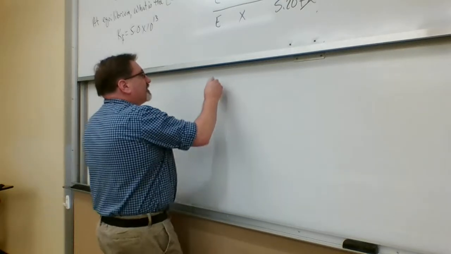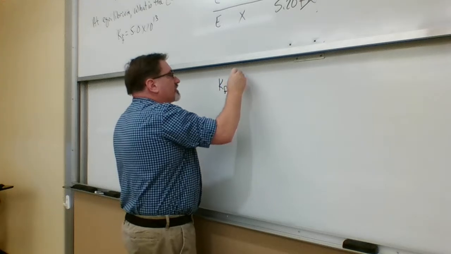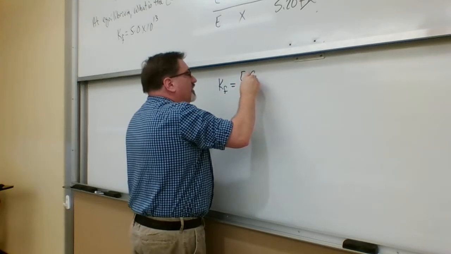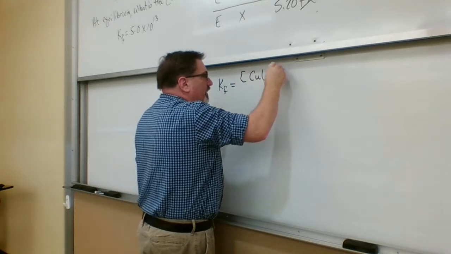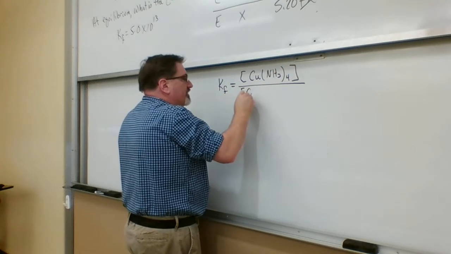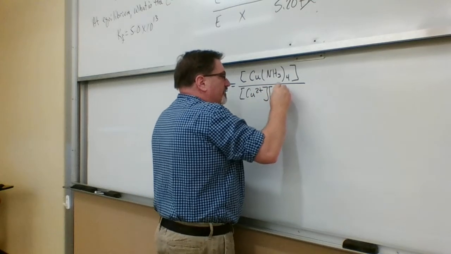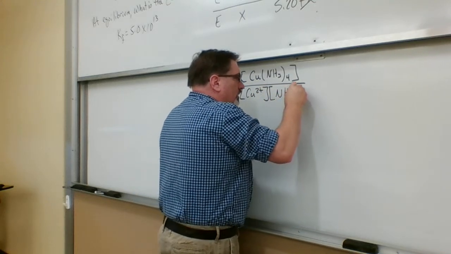So Kf for this situation, products over reactants, equals the concentration of Cu(NH3)4 2+ over the concentration of Cu2+ times the concentration of NH3 to the fourth power.